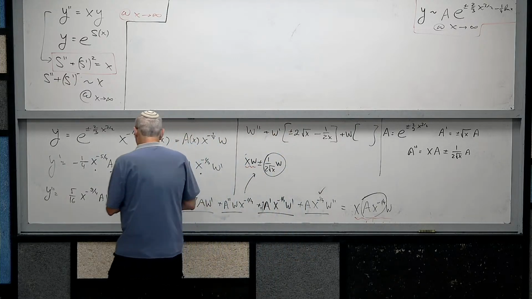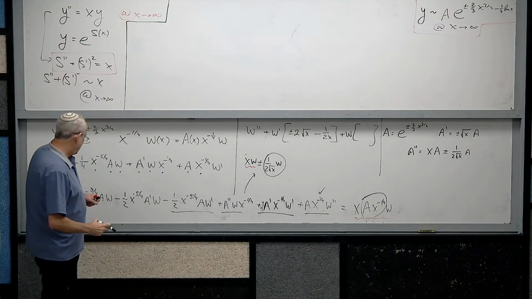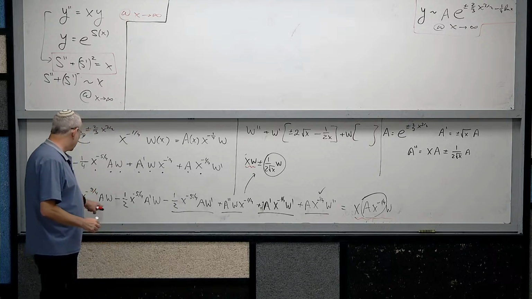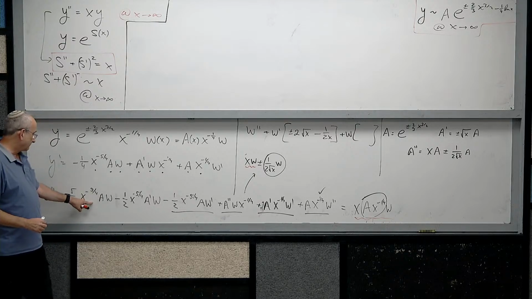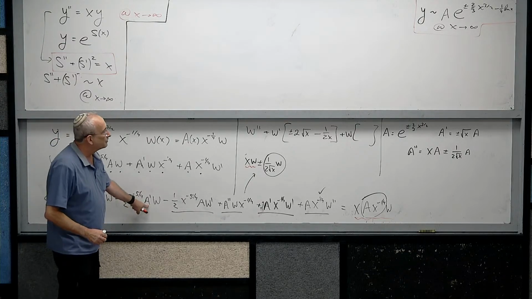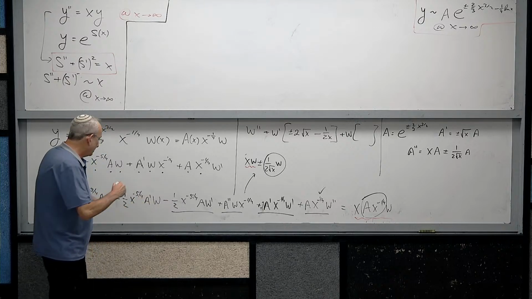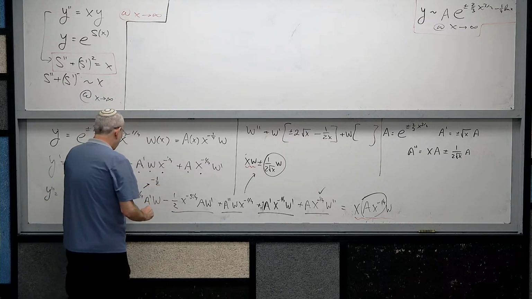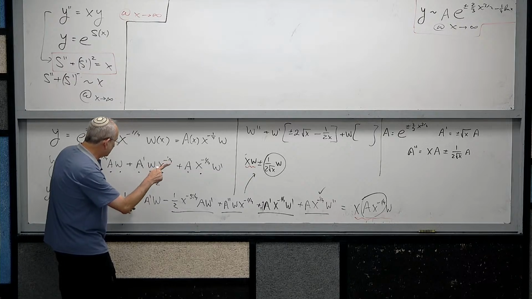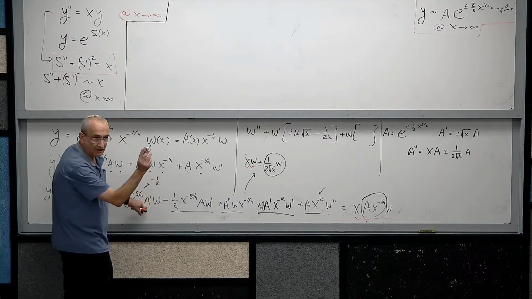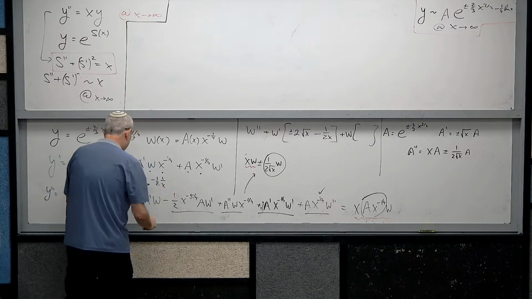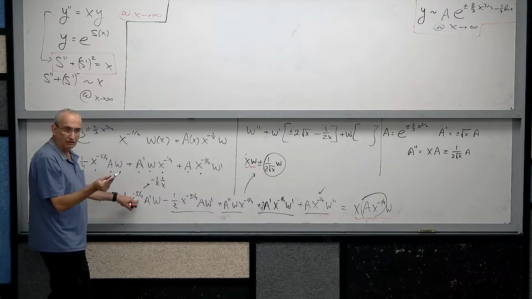And now I have to go to these two terms. Here I have a prime. What is a prime? Plus minus square root of x. So from this term, I have minus 1/2. The x to the minus 1/4 with the a goes away. From the x to the minus 5 over 4, I have 1 over x from this, and the quarter goes away.